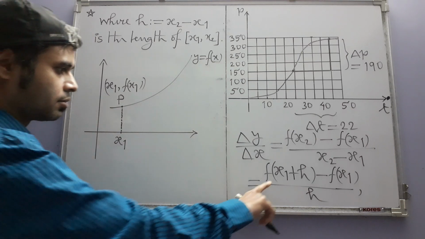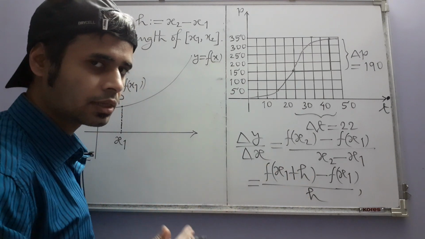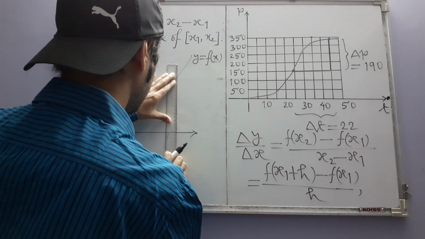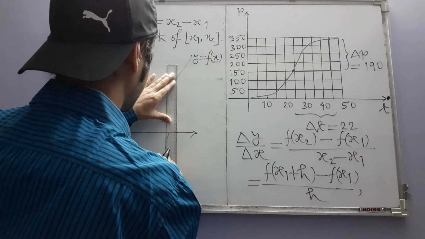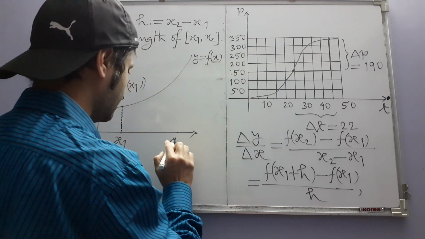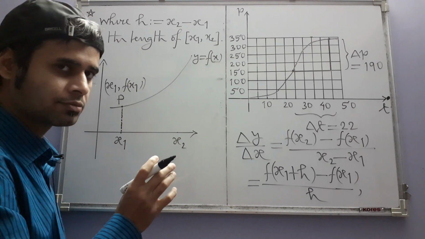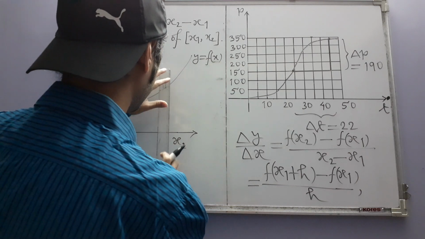and the adjacent point, which is x1 plus h or x2, same thing, is say lying here. x2 will lie to the right of x1 of course, because that's how we have chosen the closed interval.